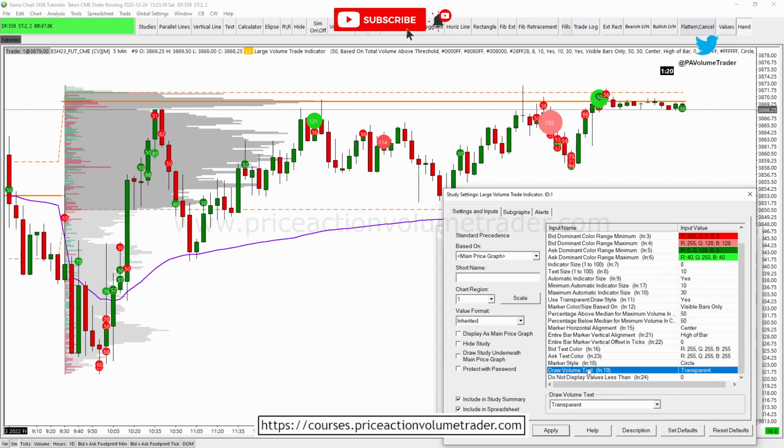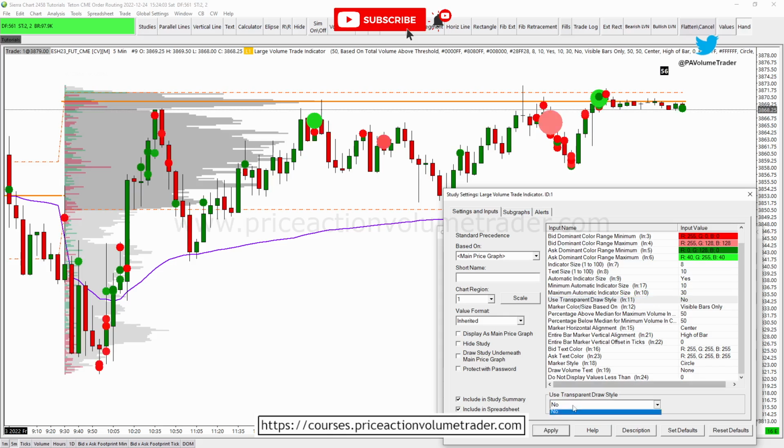And then draw volume text, again, if you have transparent, that'll put the bubble with the number inside of it. If you put none, it doesn't draw text and it just draws you the bubble. And again, if you put no to transparent draw style, it'll be a solid bubble.